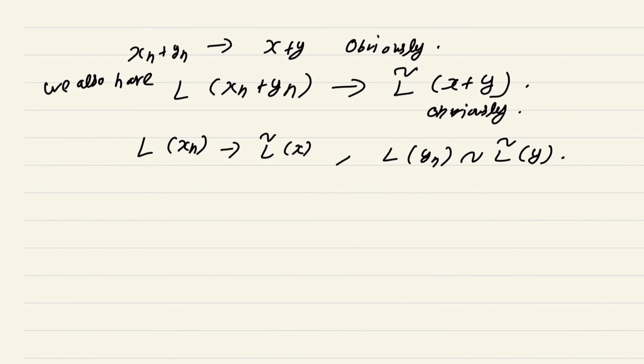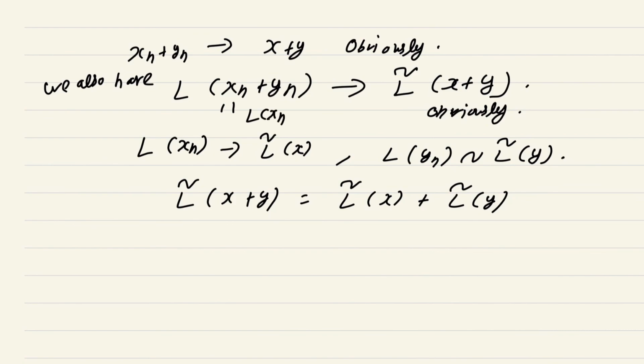Putting all this together, we get that L tilde of x plus y is equal to L tilde of x plus L tilde of y. This is because L is linear, so L of xn plus yn is just L of xn plus L of yn. So this concludes that L tilde of x plus y is L tilde of x plus L tilde of y.